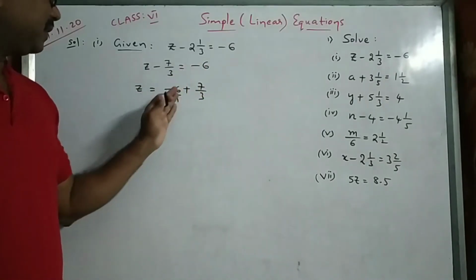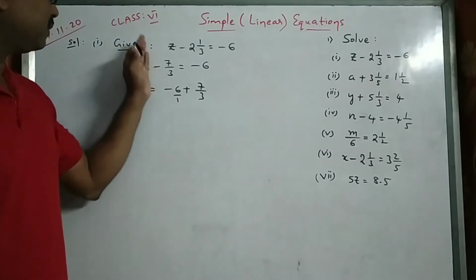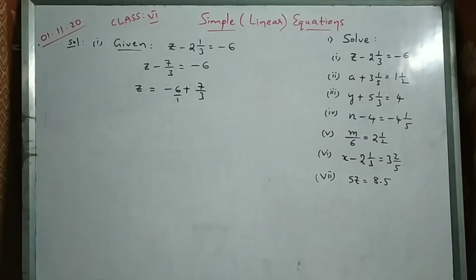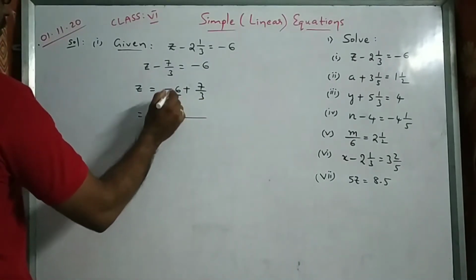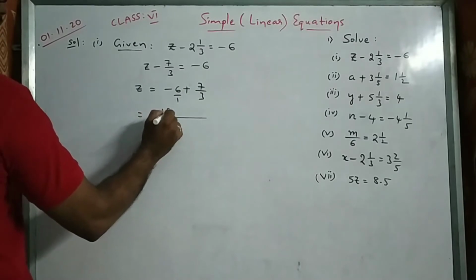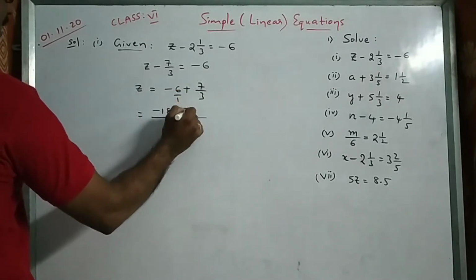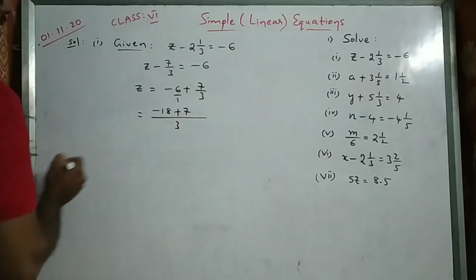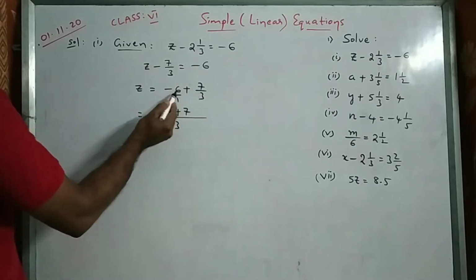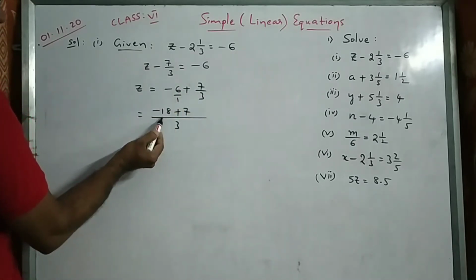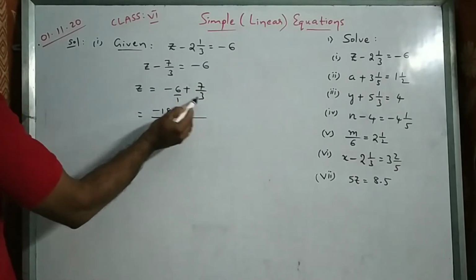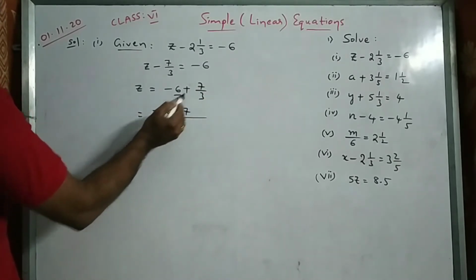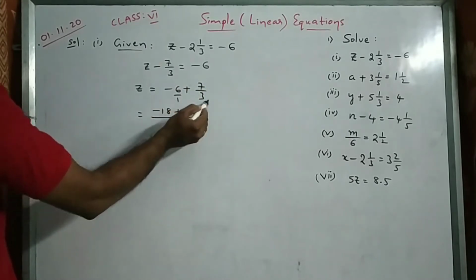Take LCM now. 3 6s are 18 plus 7 1s are 7 upon 3 1s are 3, just like cross multiplication.